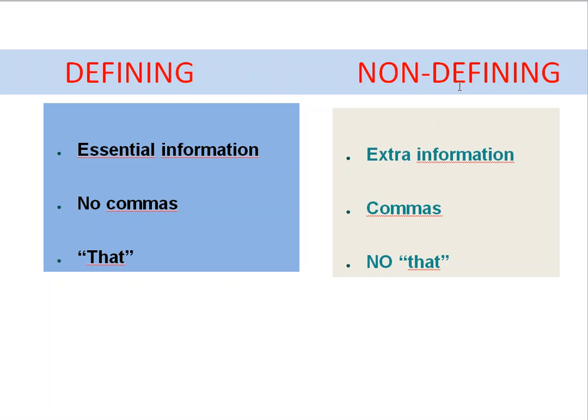Non-defining gives extra information, and it's not essential to understand the meaning of the sentence. With defining, there are no commas. There are commas with non-defining. We use that with defining, but we can't use that with non-defining.